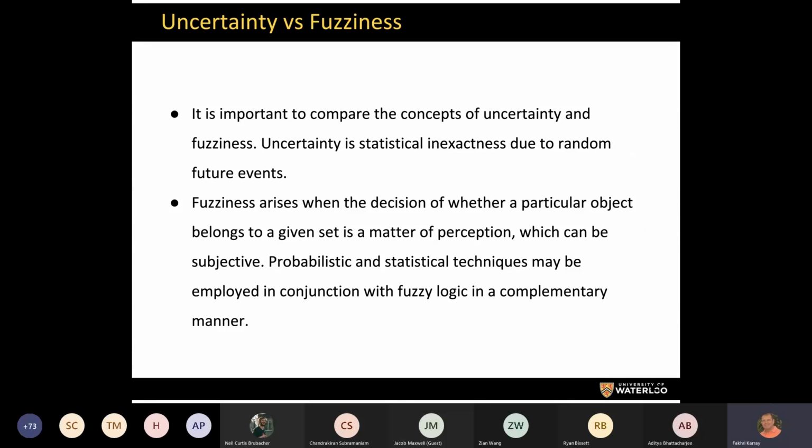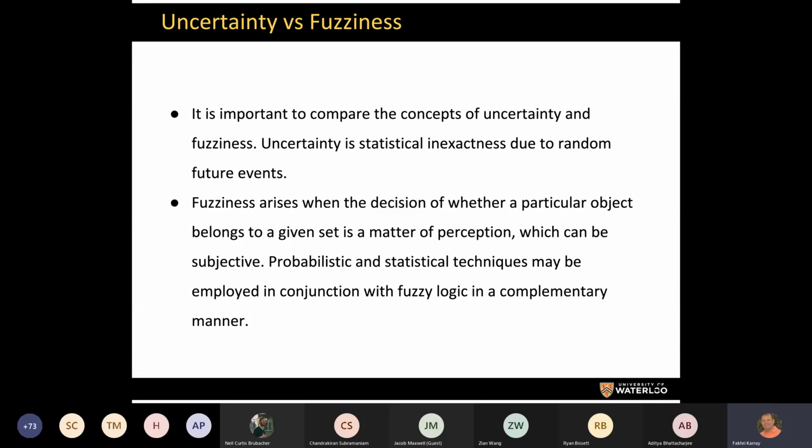Uncertainty versus fuzziness is also a concept that I'm going to showcase when we tackle fuzzy logic systems. Uncertainty is different from fuzziness. I will explain some of these differences later, but uncertainty is mostly statistical inexactness due to random future events. A fuzzy system is not statistical inexactness.